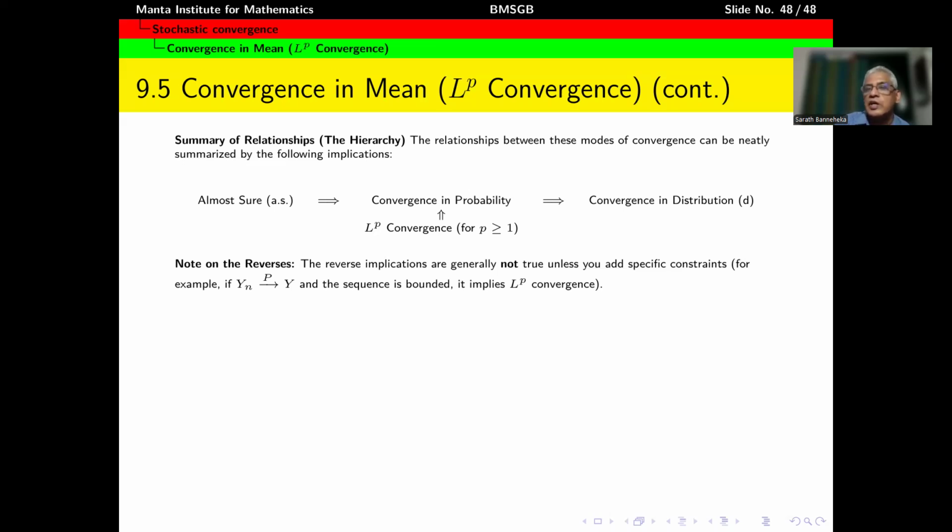I gave you some practical examples. Remember, we considered the strong law of large numbers as a practical application of almost sure convergence, the weak law of large numbers as a practical use of convergence in probability, and the central limit theorem as a practical application of convergence in distribution. So those are very useful results. That is the end of this lesson.